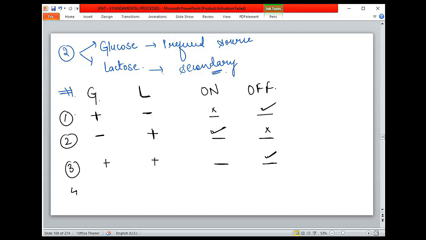Fourth scenario, what if both of them are absent? What will be the scenario if both of them are absent? Think about it.